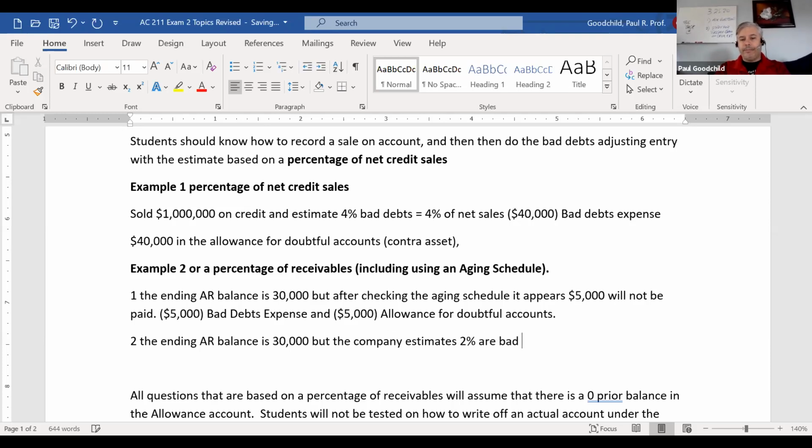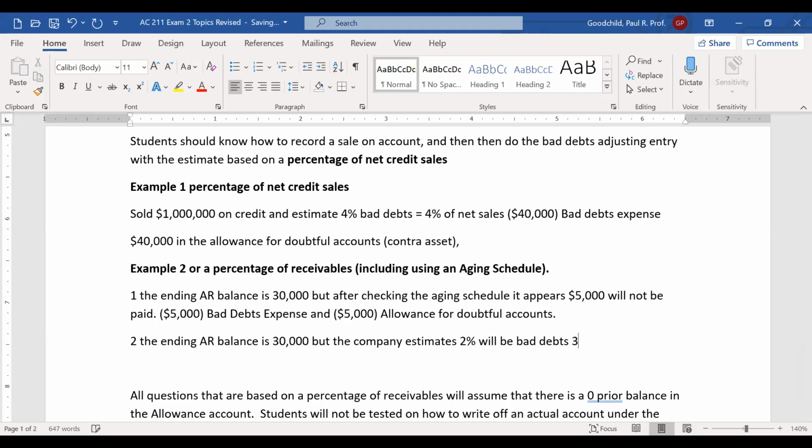Bad debts. Shouldn't say are, should say will be. So then you just multiply the 30,000 by the 2%. 3,300. It's like 600, I think.